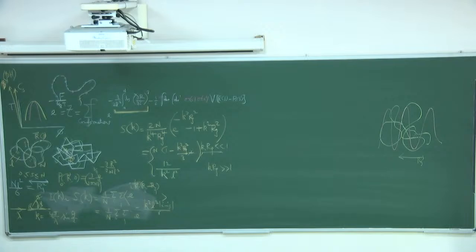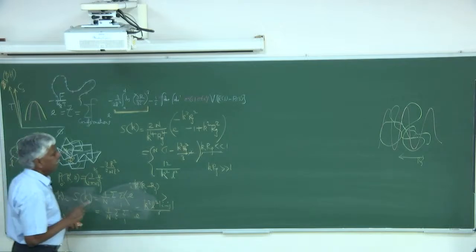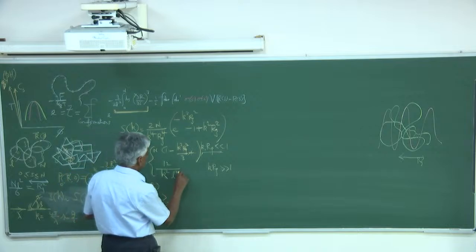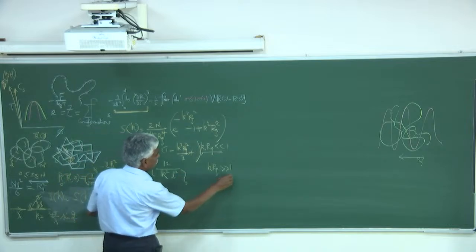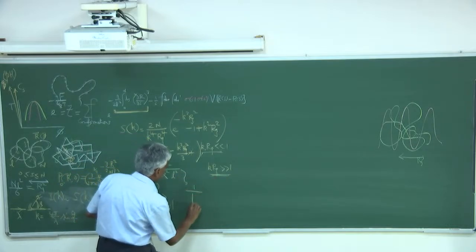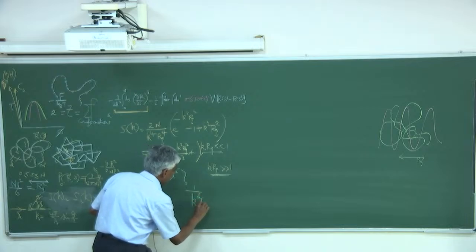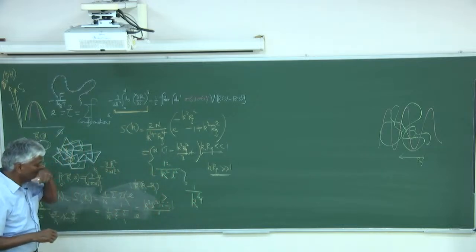It is the relation between the size, the radius of gyration of the polymer, and the number of monomers in that polymer, the exponent in Rg going as n to the nu, right, and nu is equal to half for this system.